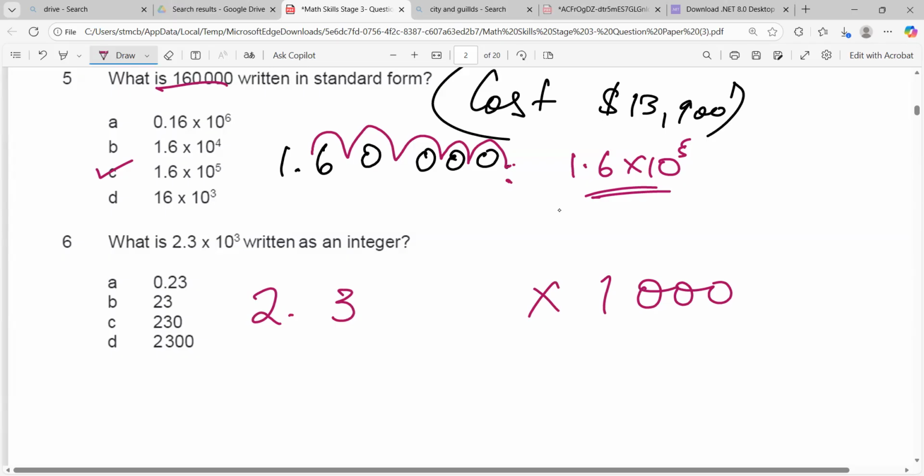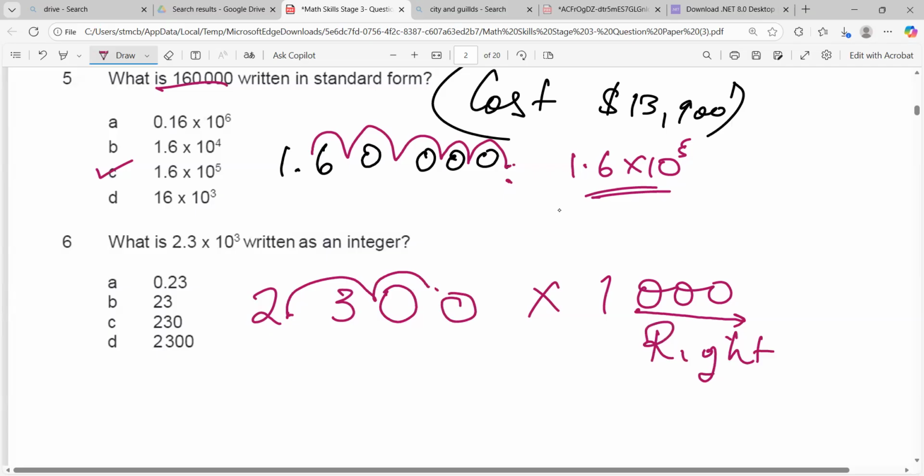That means it's 1,000. So all we're doing is moving the decimal point that number of times to the right. So we are moving 3 places to the right. So you can just add a couple zeros. 1, 2, and we need another move, 3. So that's 2,300.